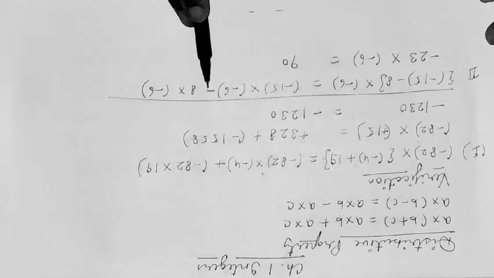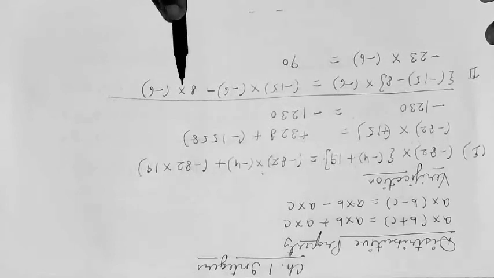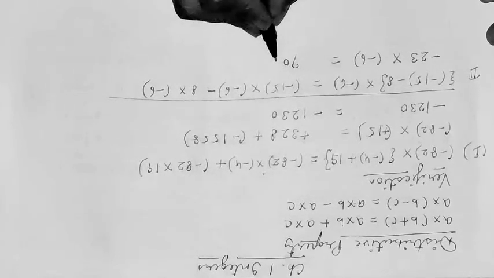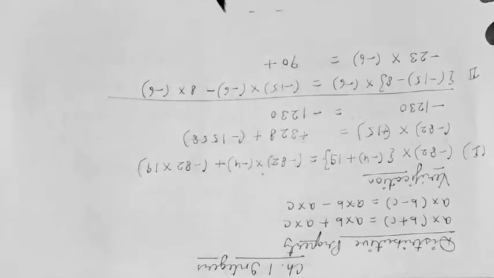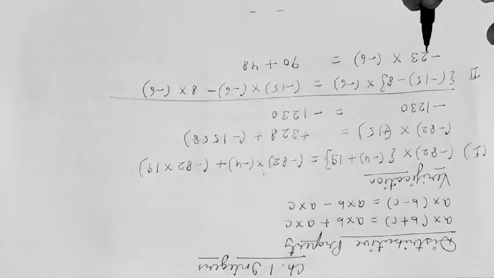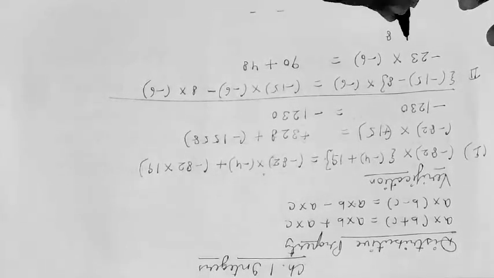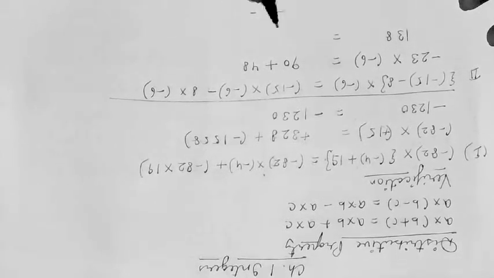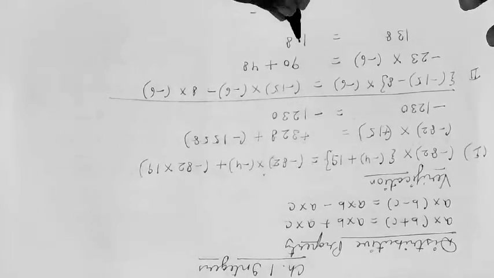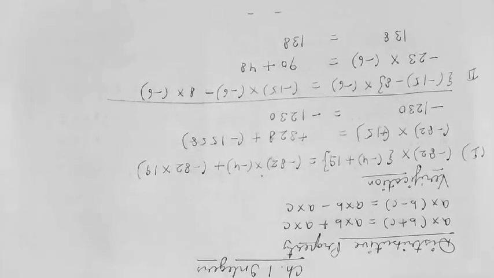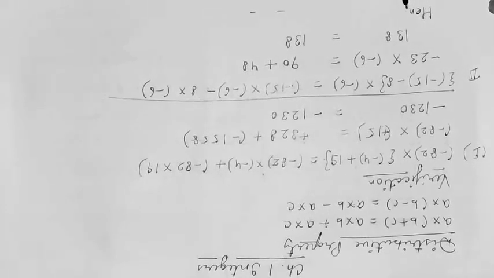Then again we have minus and minus here, we are multiplying the numbers, so the sign of the product will be positive. Now multiply the two numbers, both are negative, so the sign of the product will be positive. 138, right hand side, again we have positive 138, so both the sides again gave us the same result, so we will write hence verified.